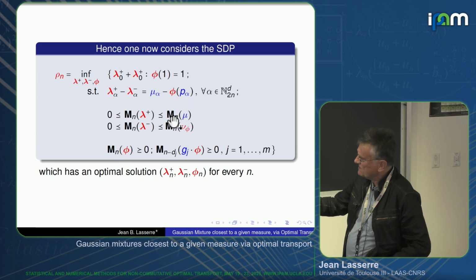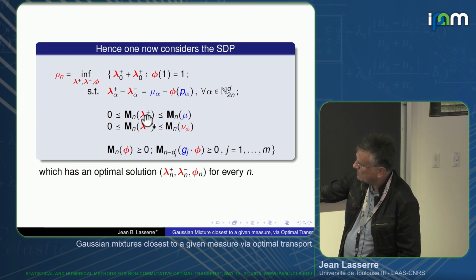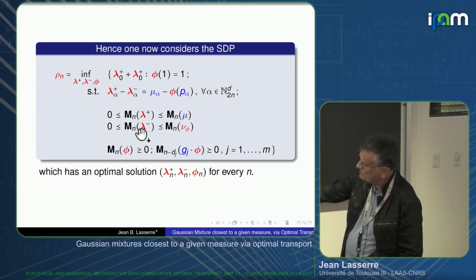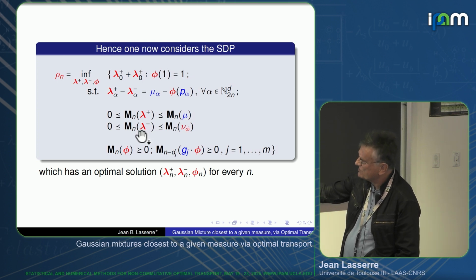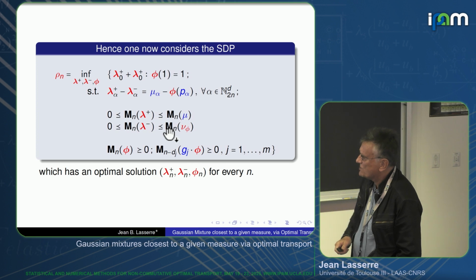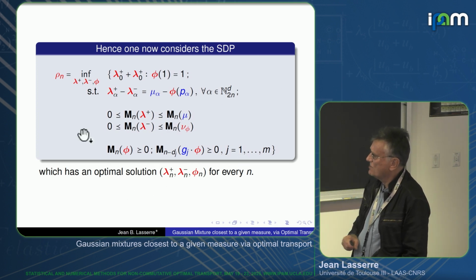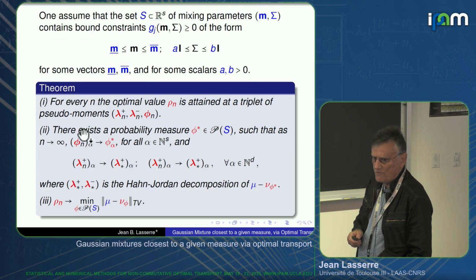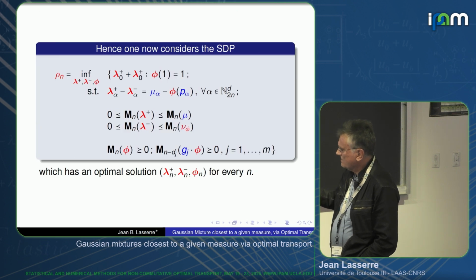And the way you add this is that now you say that the moment of the positive part lambda plus of the Hahn-Jordan decomposition is dominated by the moment of mu, and the moment of the negative part, lambda minus, is dominated by the Gaussian mixture. And again, the necessary condition to come from moments.